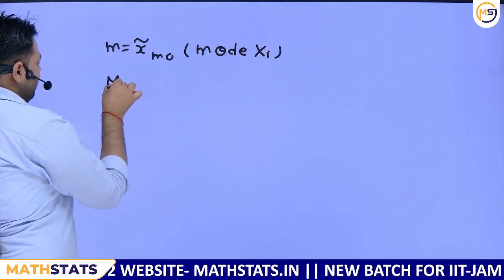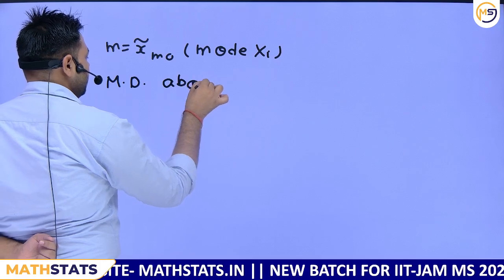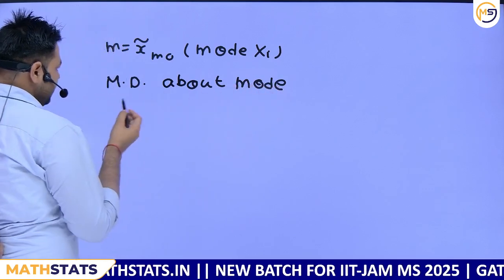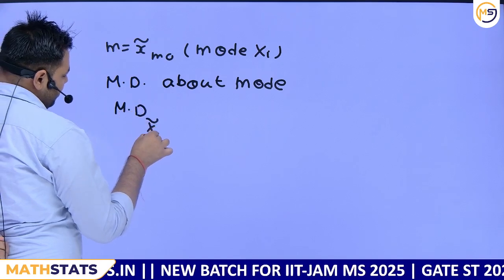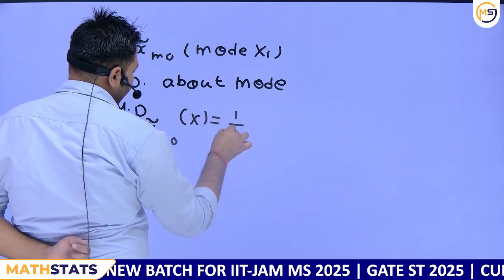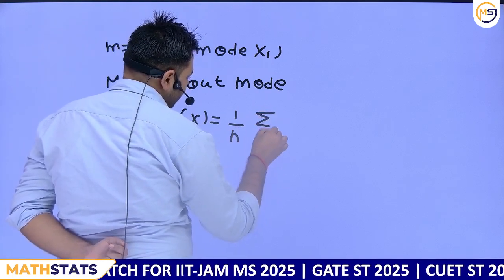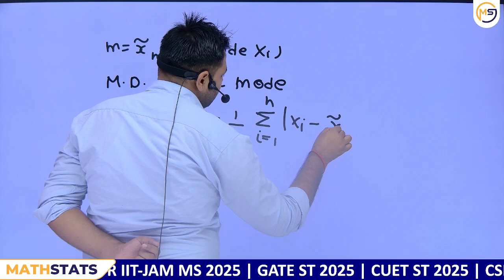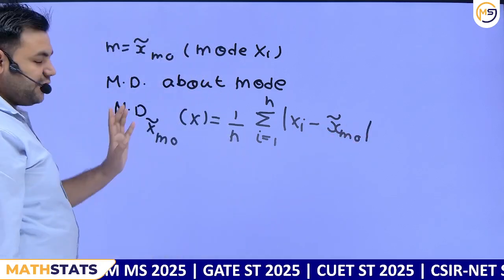So mean deviation about mode is MD x tilde mo of x equal to 1 upon n summation i equal to 1 to n mod of xi minus x mo. This is the basic definition.